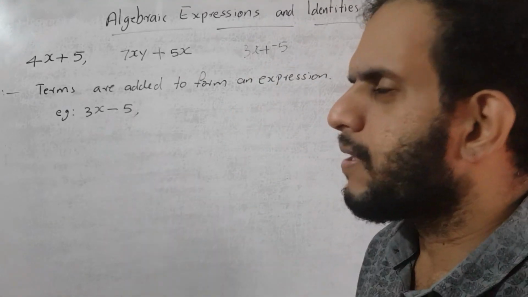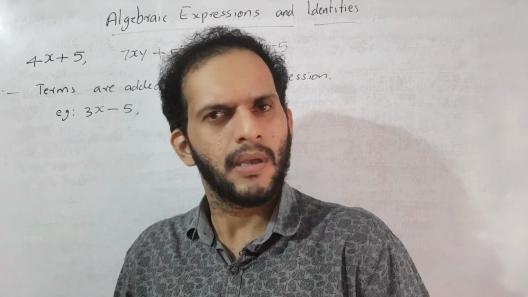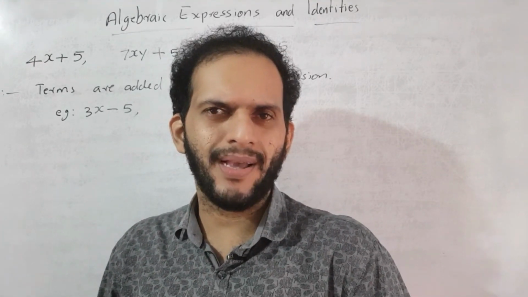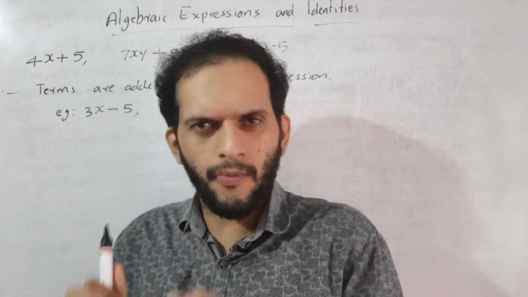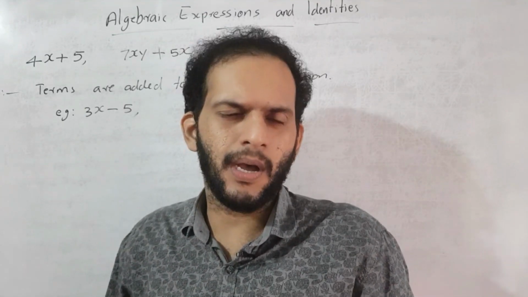So every subtraction can be written as plus minus, correct? 4x minus 5 can be written as 4x plus minus 5. So there we form an expression by adding the terms.